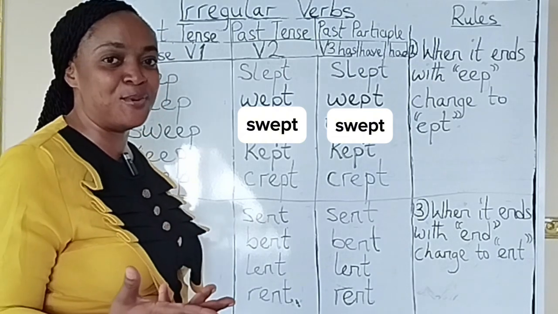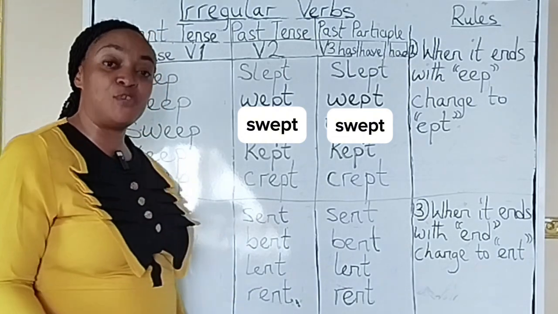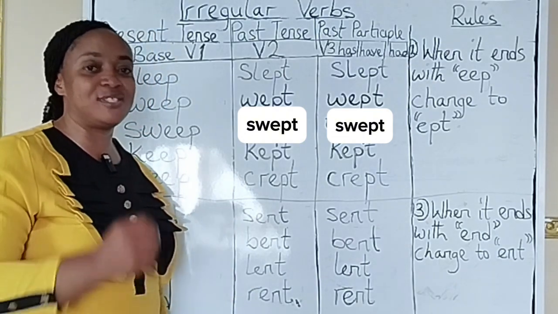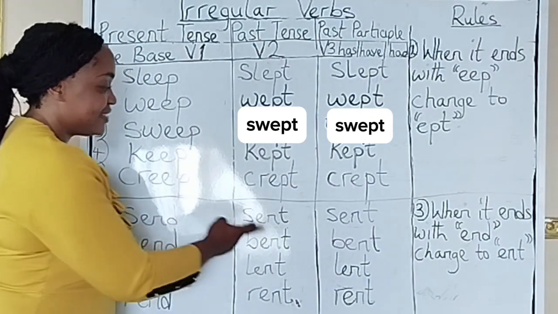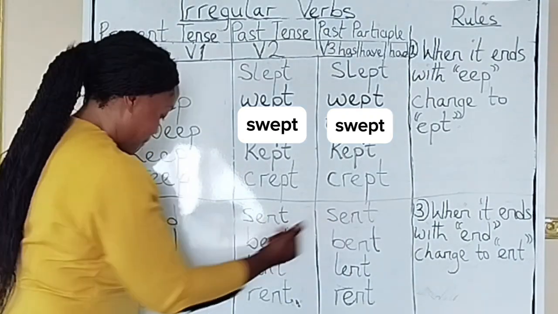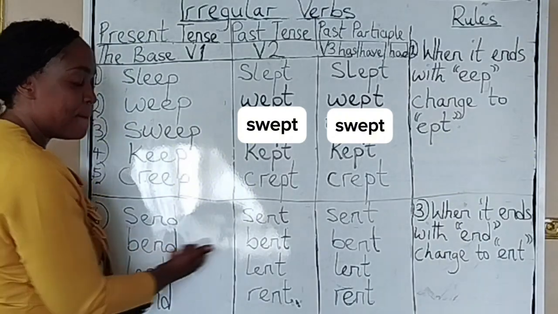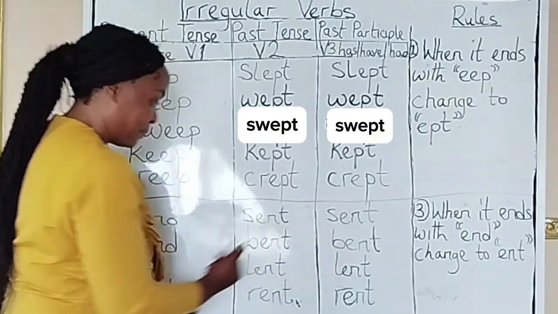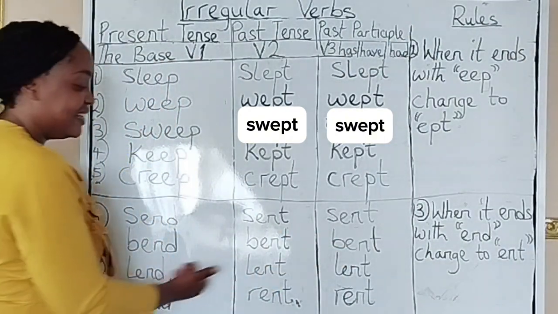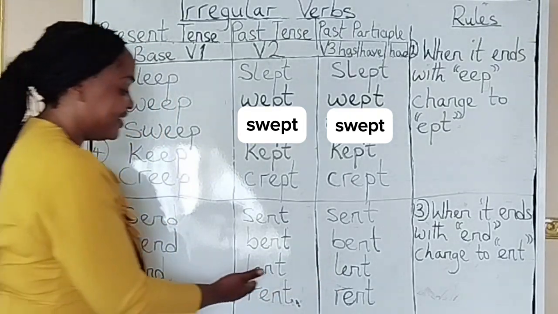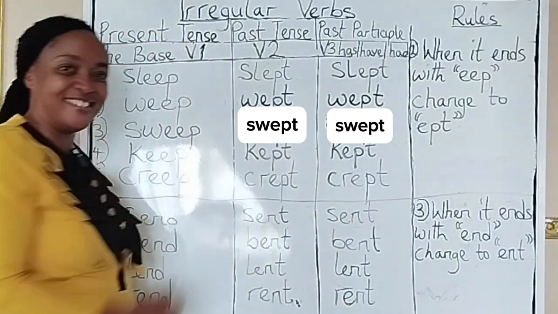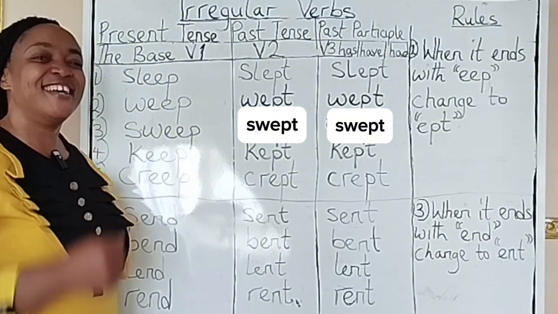It will help you so that you won't always be confused when you want to use the irregular verbs. Let's do this. Send, sent, sent. Bend, bent, bent. Lend, lent, lent. Rent, rent, rent. Does it work?